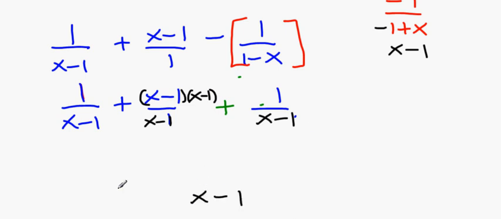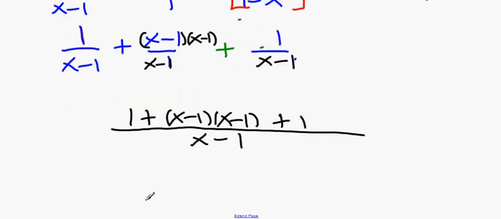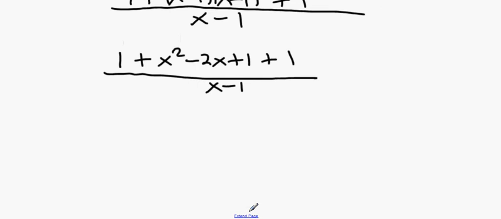So it's going to be x minus 1 bracket 1 plus x minus 1, x minus 1 plus 1. So we get 1 plus x squared minus 2x plus 1 all over x minus 1.